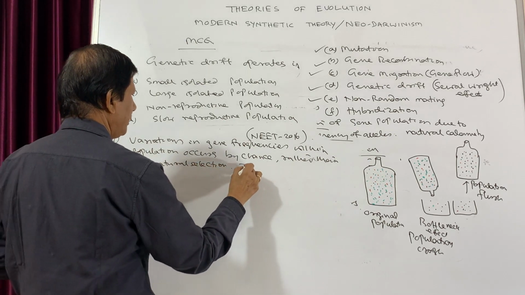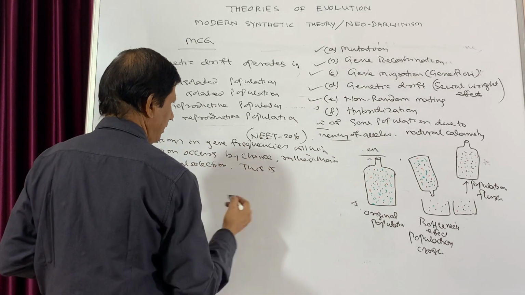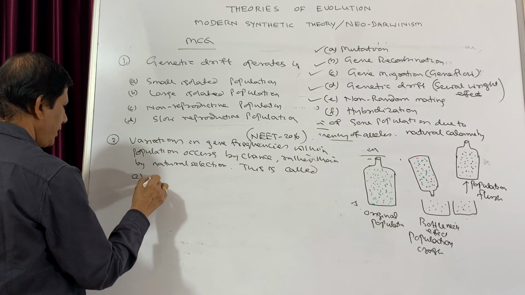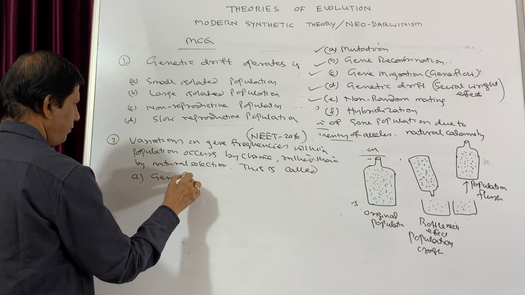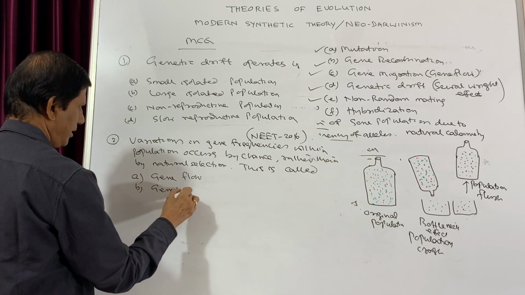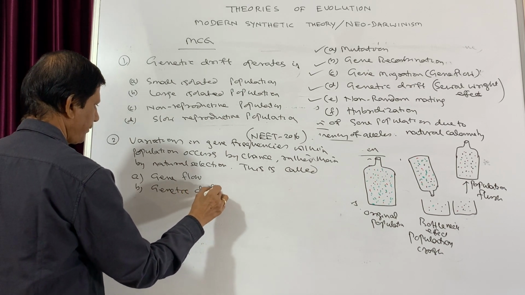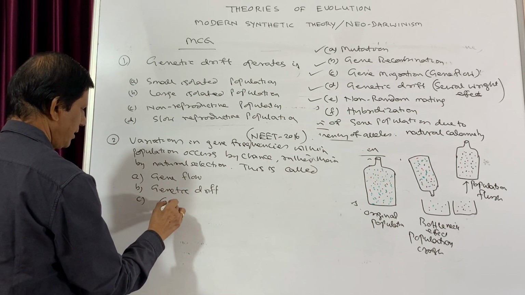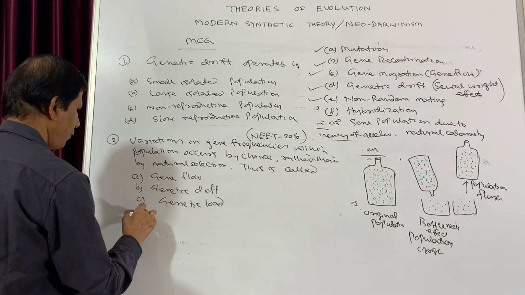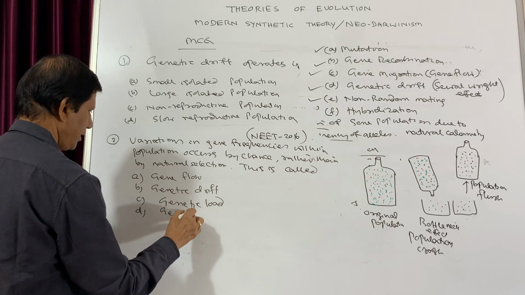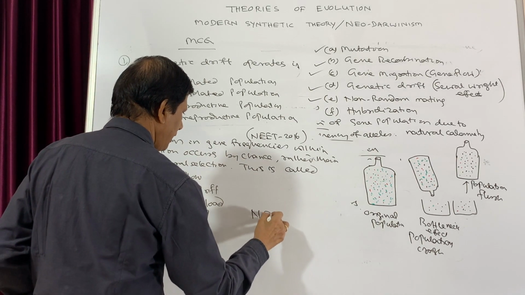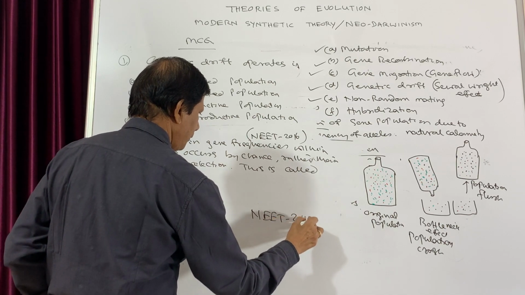This is called: first choice, gene flow. Second choice, genetic drift. Third choice, genetic load. Fourth choice, gene pool. And this question was asked in NEET 2013.